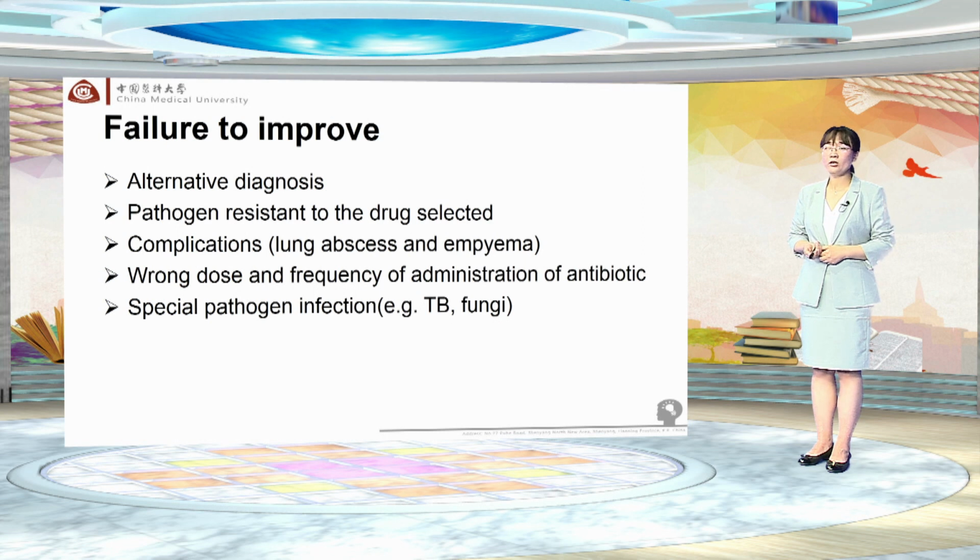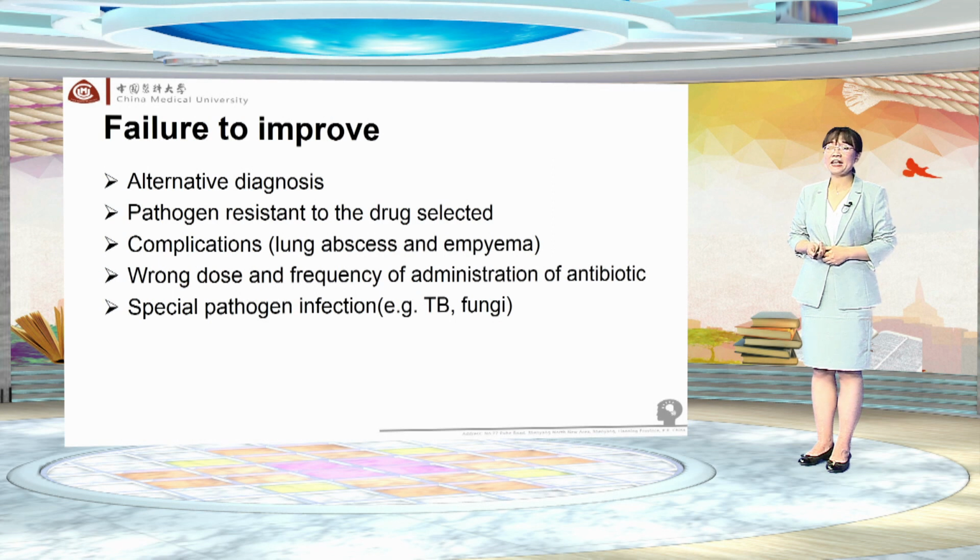If the patient truly had CAP and empiric treatment is aimed at the correct pathogen, lack of response may be explained in a number of ways. Pathogen resistant to the drug selected, or a sequestered focus blocking access of the antibiotics to the pathogen, such as complications, lung abscess, and empyema.